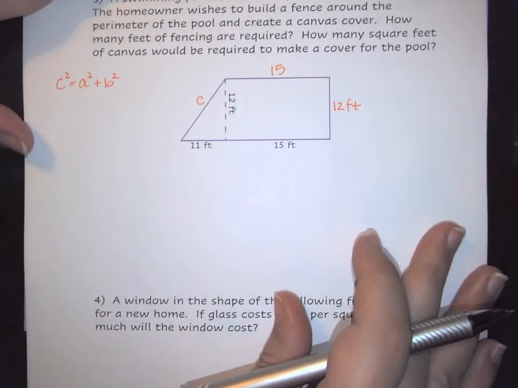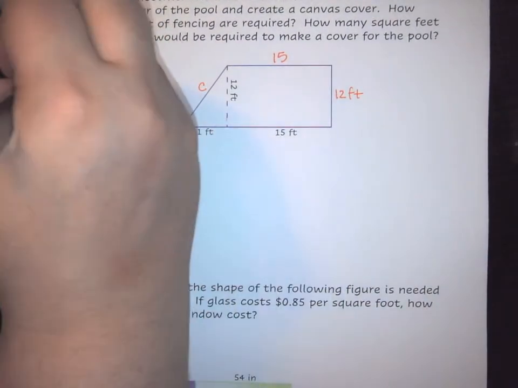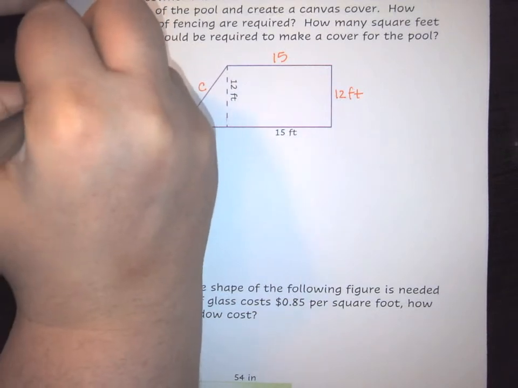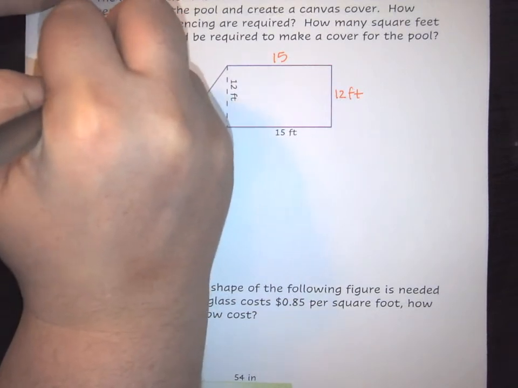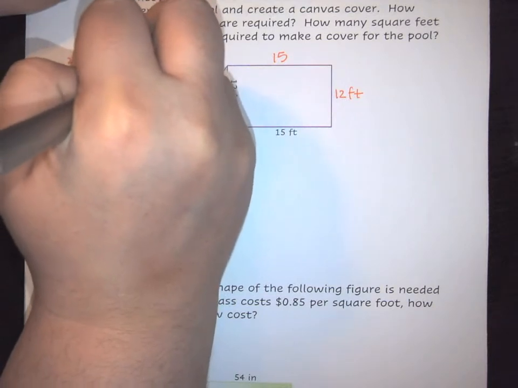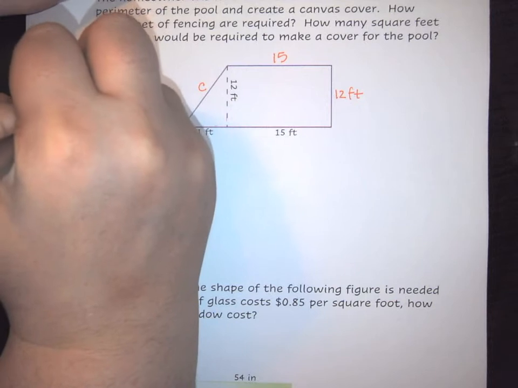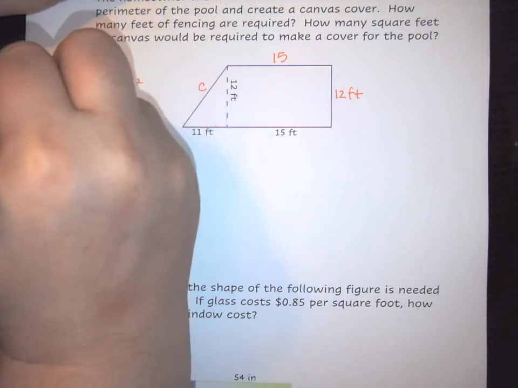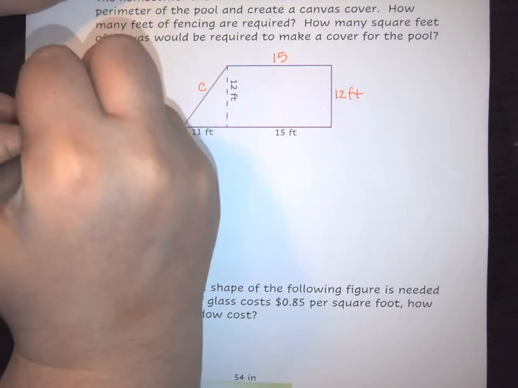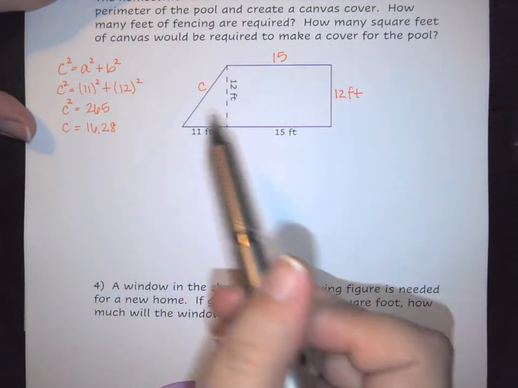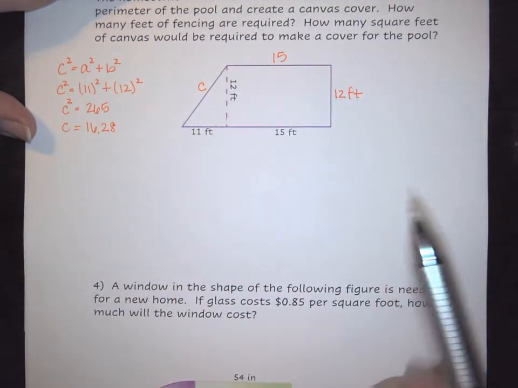With that, we can plug in the information we know. So we know that c squared is going to be the same as 11 squared plus 12 squared. So in this case, c squared is going to be 265. So c is going to end up being 16.28.